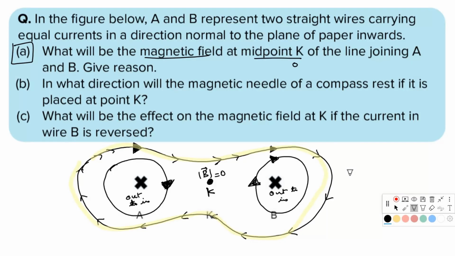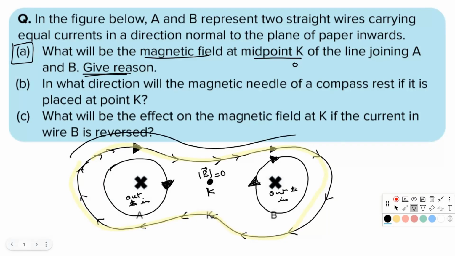And if the question says give reason, you can draw the first diagram that I have drawn just to show the concentric circles, as they approach the point K, they are perfectly in opposite direction, field direction opposite, so they cancel at K. And ultimately, if the examiner asks us to draw the magnetic lines of forces for such a situation, please draw like this.